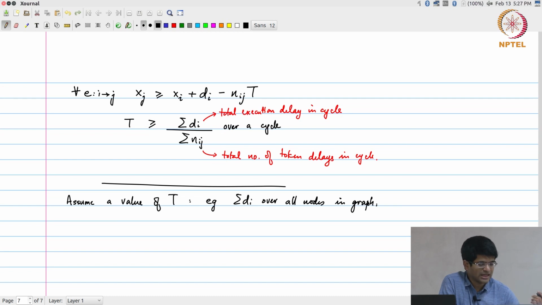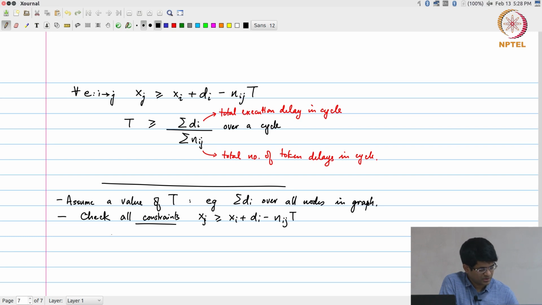Okay. So choosing a large value of t to start with is always safe, and then I can go through and check all the constraints of the form xj greater than or equal to xi plus di minus nij into t. What do I mean by check the constraints? The problem that I have over here is the xi values are unknown.